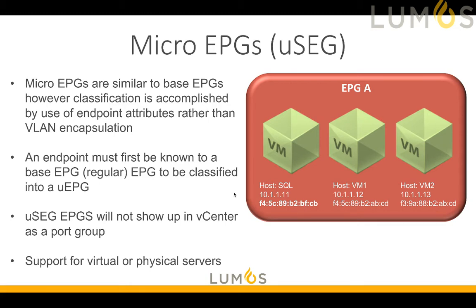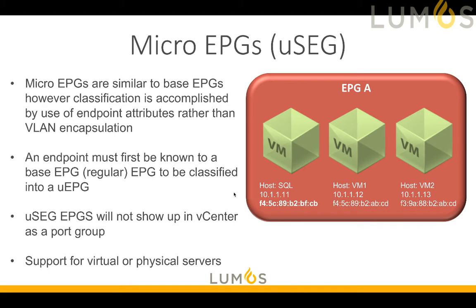But what we will see is the hosts learned about from ACI. So for example, if I go into my USEG EPG, shift over to my operational tab, if I have hosts that are in there that I moved in, you will still see those in the operational tab. So that's where you go find them. You just will not see these port groups show up in vCenter. So I just want to make sure we're aware of that, so we're not scratching our heads down the road trying to figure out why these are not showing up in vCenter.